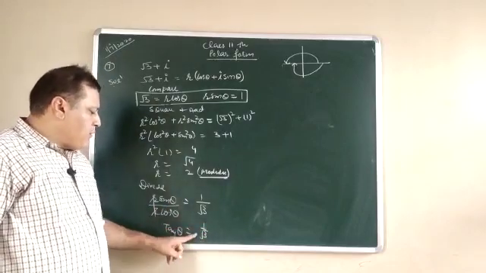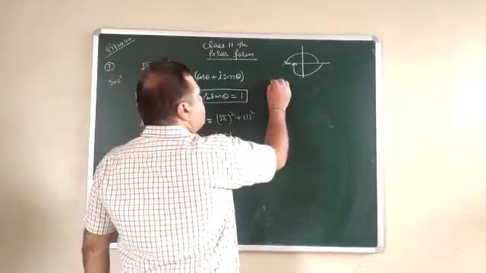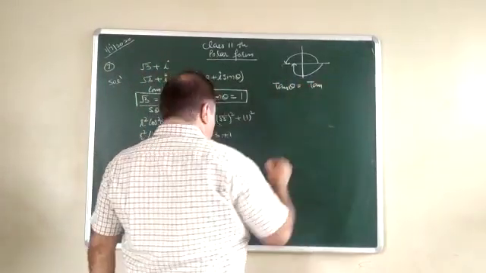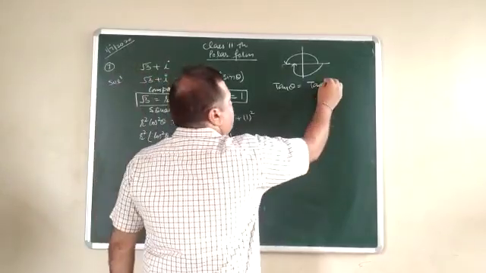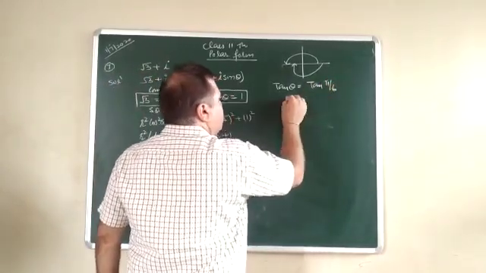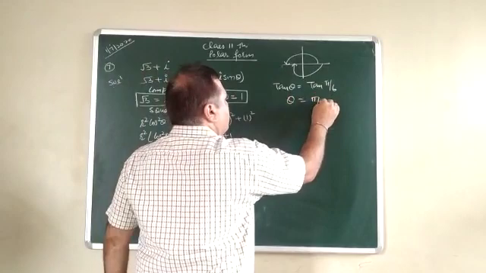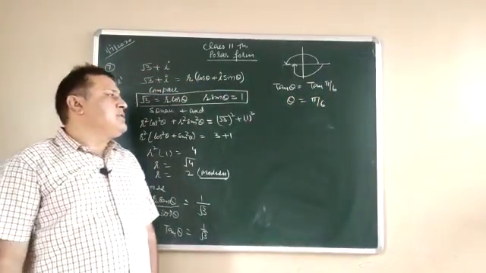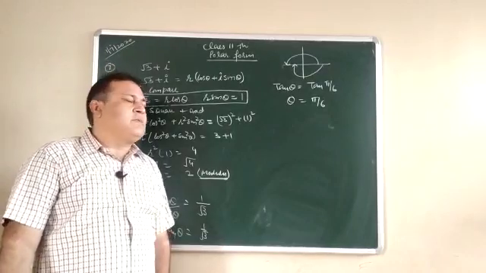So it is 1 by root 3. You know very well tangent theta is equal to 1 by root 3 at 30 degrees, meaning pi by 6. Then theta is equal to pi by 6. In this question we never find the general solution, we always find the principal solution.